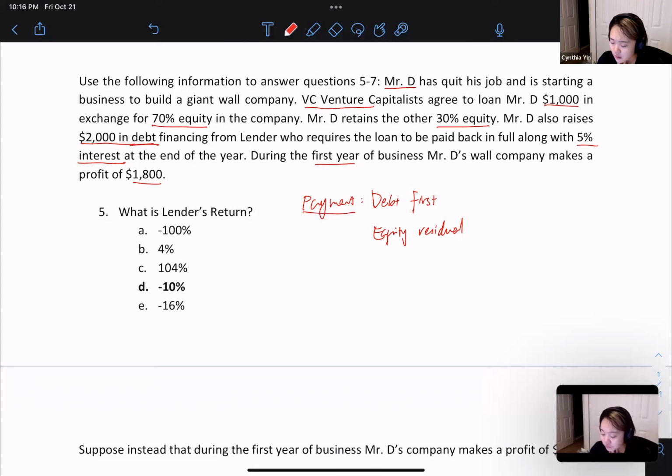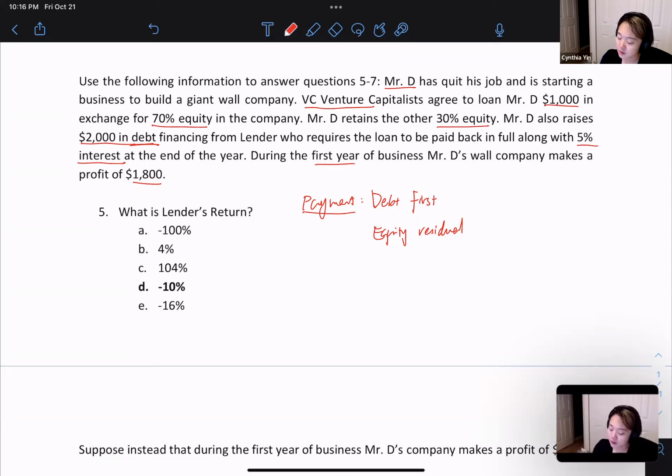So in other words, Mr. D has to pay back the debt first, and then whatever is left over, he will split between himself and the venture capital according to the shares they hold.